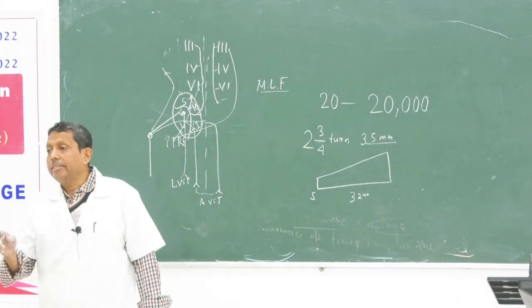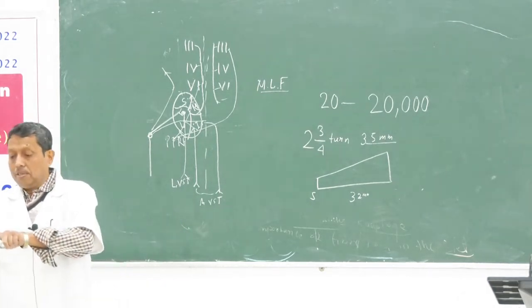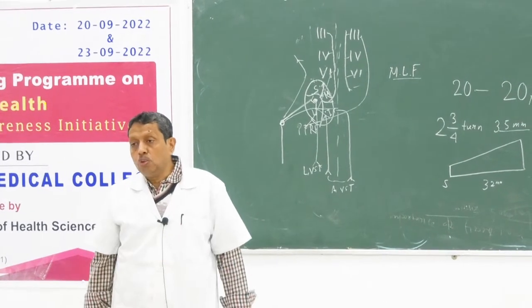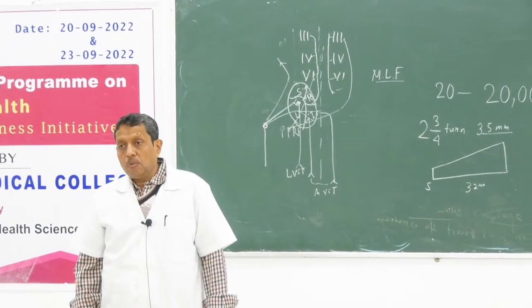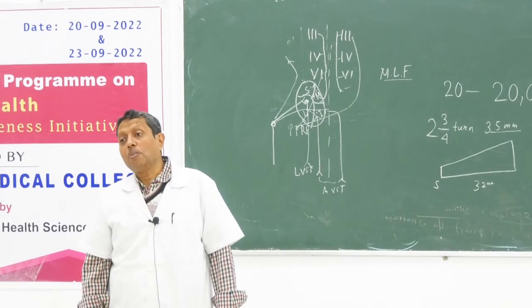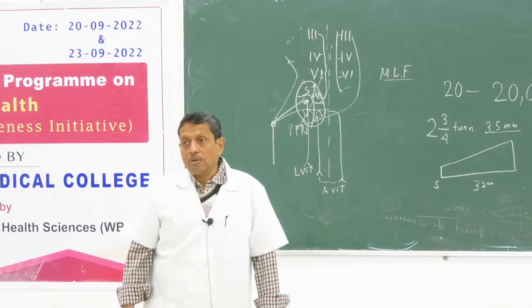In the organ of Corti, the rod cells separate two sets of hair cells: one row of inner hair cells and three rows of outer hair cells.